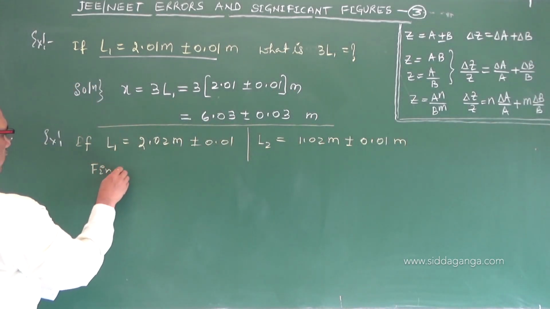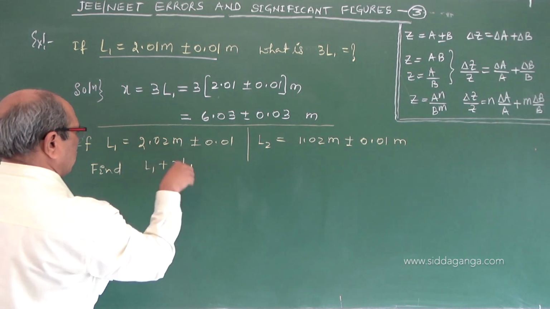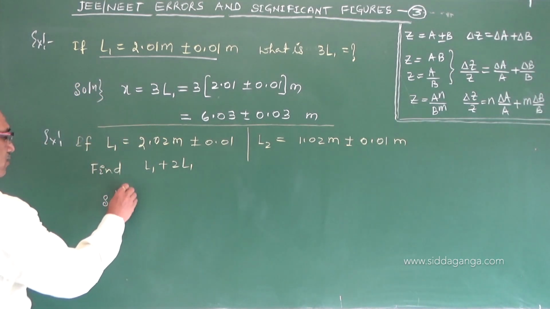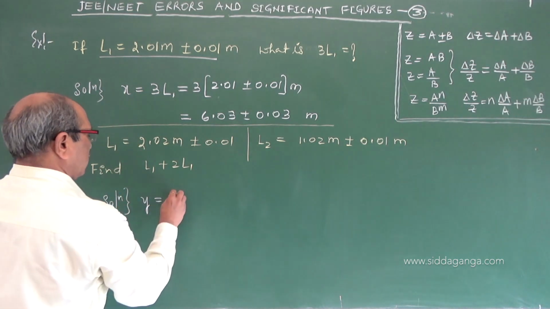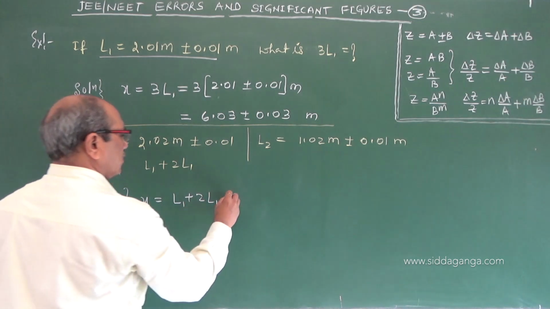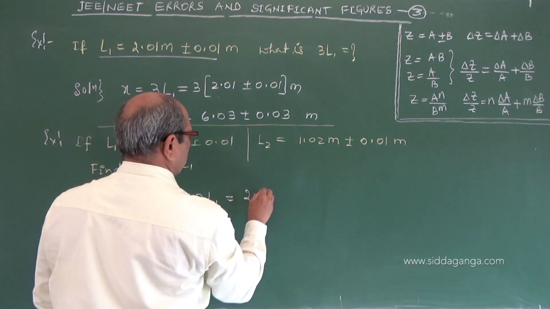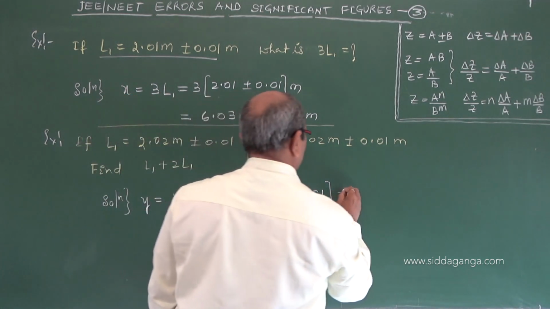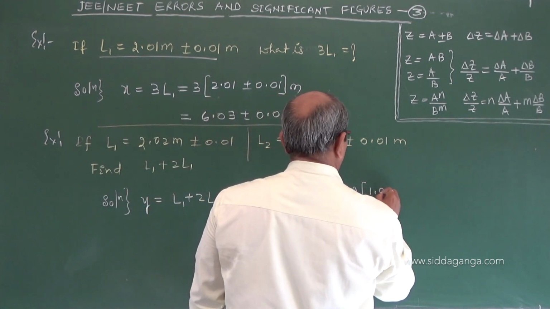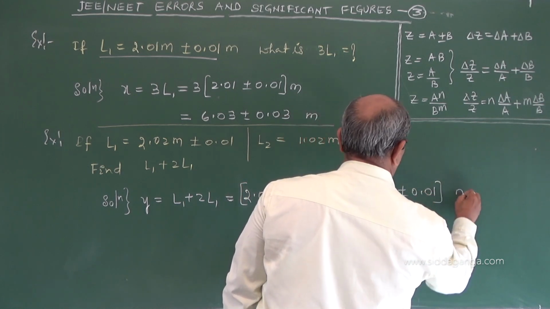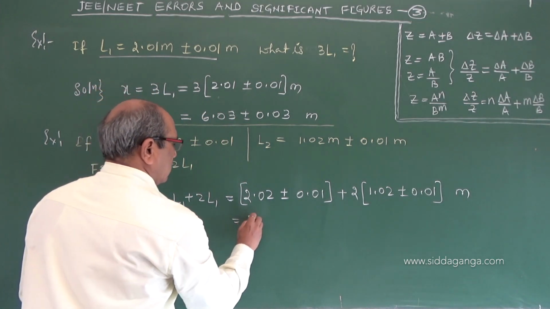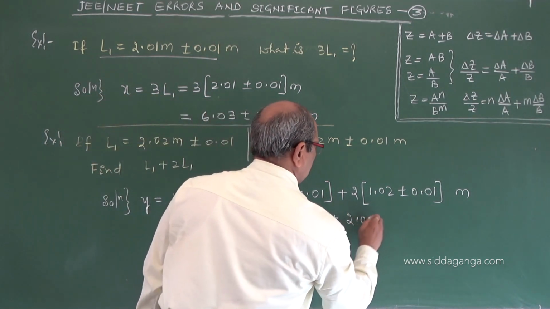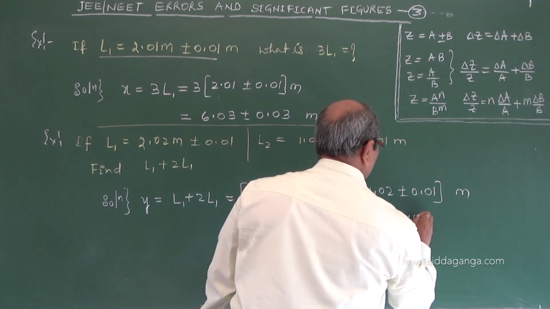Find L1 plus 2L2. So as previously, if y is equal to L1 plus 2L2, we can write L1 as 2.02 plus or minus 0.01, plus 2 into 1.02 plus or minus 0.01 meter. That is 2.02 plus or minus 0.01 plus 2.04 plus or minus 0.02 meter.